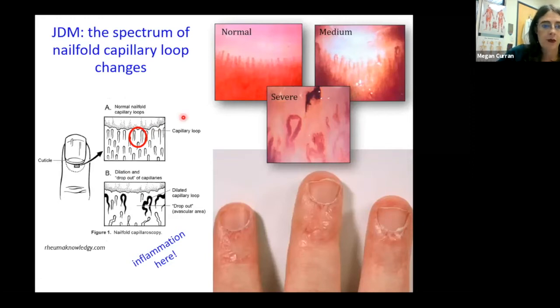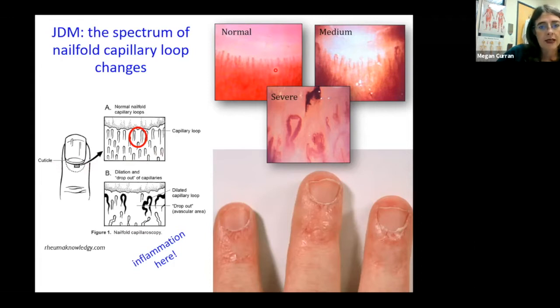One of the places that we can actually see these teeny tiny blood vessels as they make their way to the surface of the skin is at the nail fold. So this is where your skin meets your fingernail right at the cuticle. So your child's clinician might use a magnifying light to look right at that skin at the edge here. And normally we see these nice little loops that come right up to the surface of the cuticle.